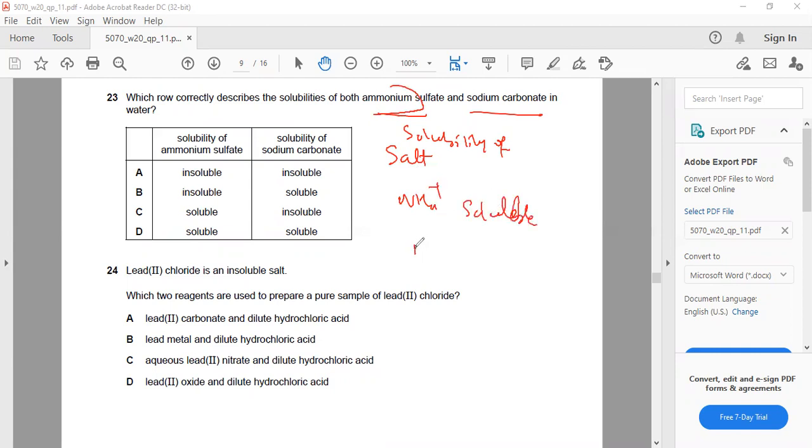All salts of sodium, potassium and ammonium are soluble. So the answers that say insoluble are wrong. D is the answer. Both are soluble. So you have to memorize the solubility of salts. All salts of ammonium and sodium are soluble.